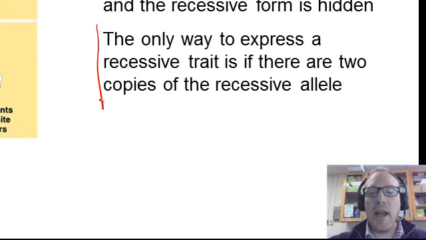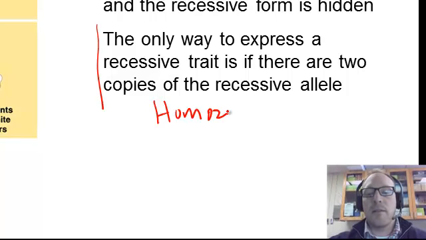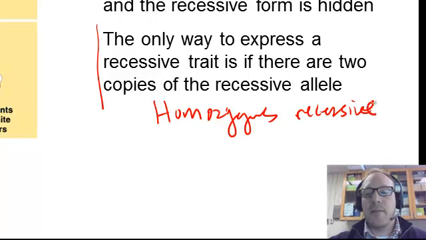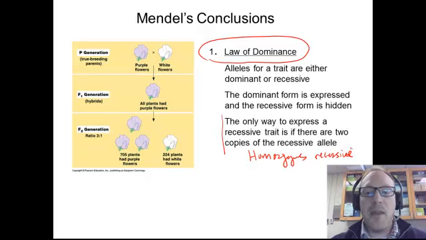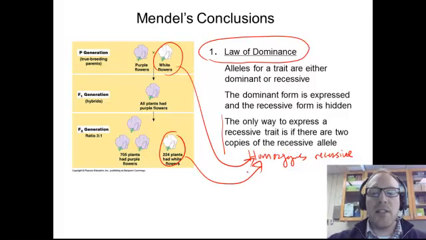The only way to see a recessive trait is if there are 2 copies of the recessive allele, which of course means homozygous recessive.